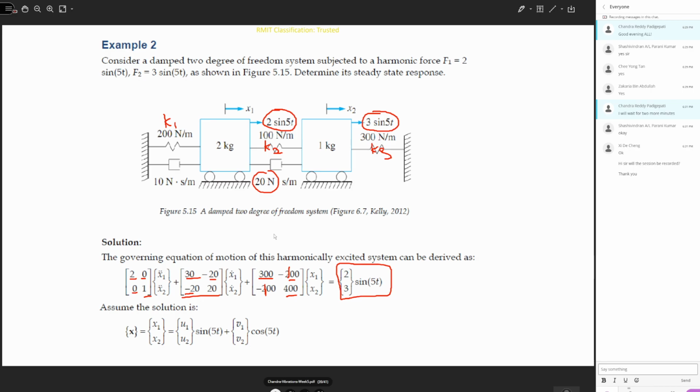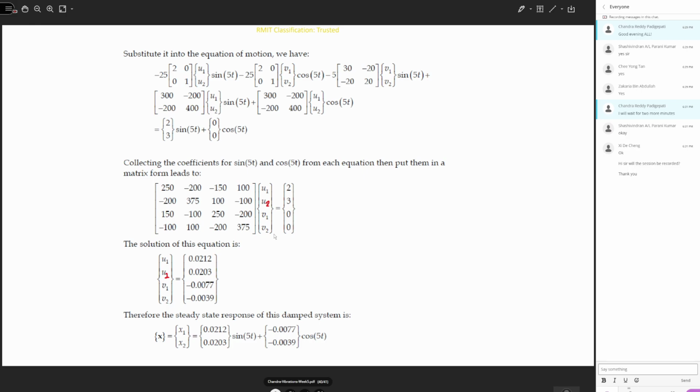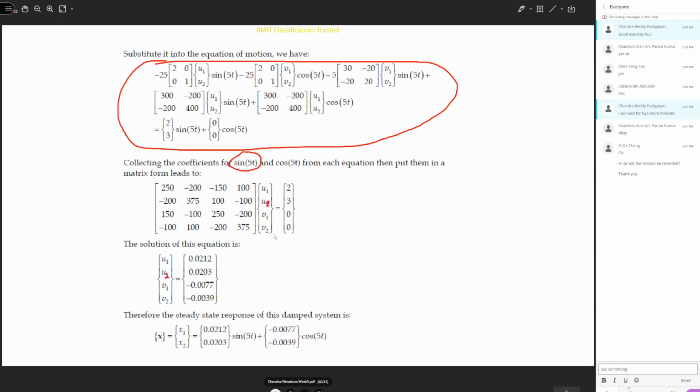Okay, so we can assume the solution in this format. Now to solve this, you have to write the whole matrix here. Then elaborate this and write in terms of the determinant for coefficients for sine phi t and cos phi t.